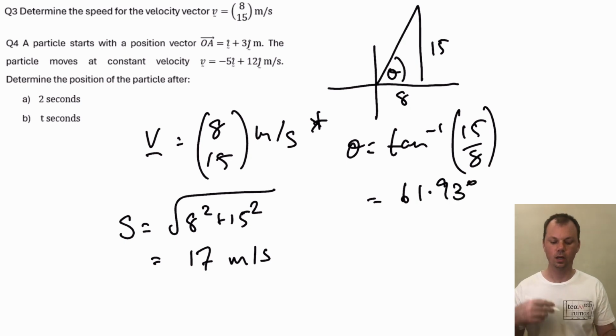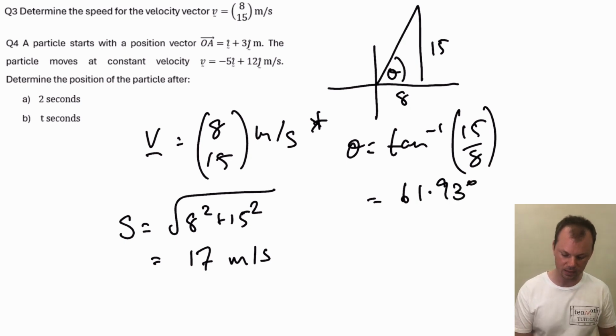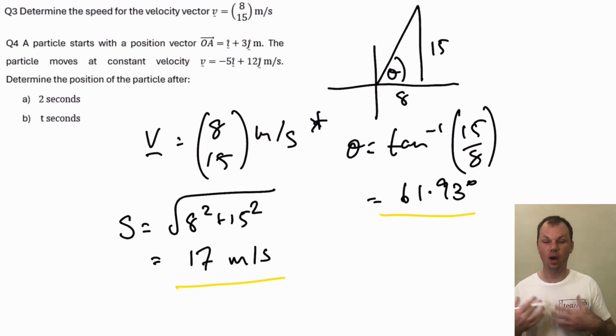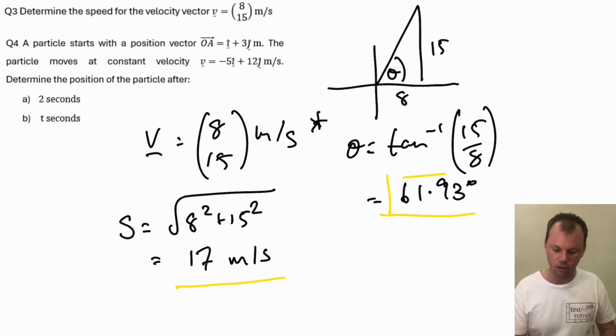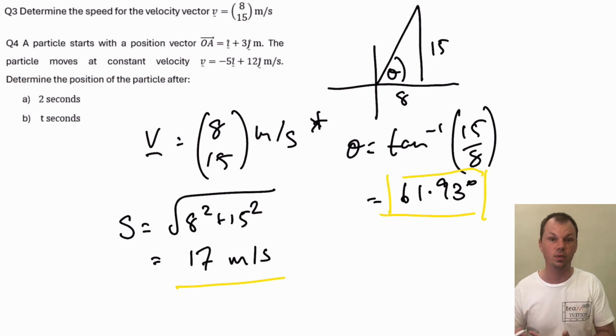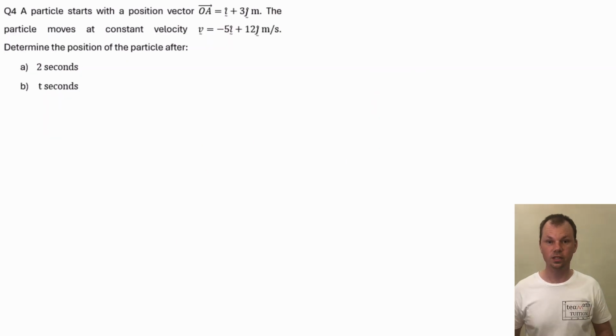Okay, so the velocity has magnitude, it has direction. You might say in layman's terms that I was going 17 meters per second northeast. So that might be a way a person in a physical situation might report that. And again, you could convert that from the positive x-axis to a true bearing or a bearing, whatever your preferred format is, or the preferred format for the question. So that's question 3.